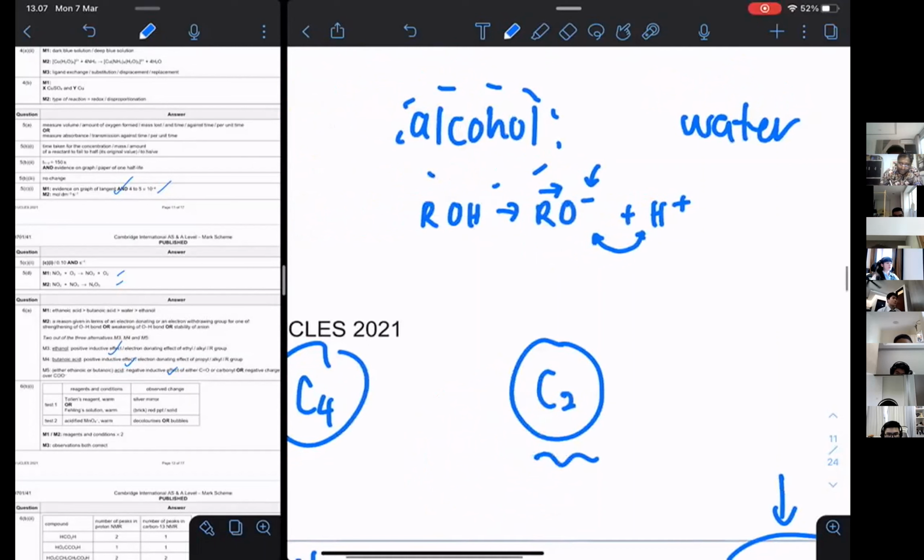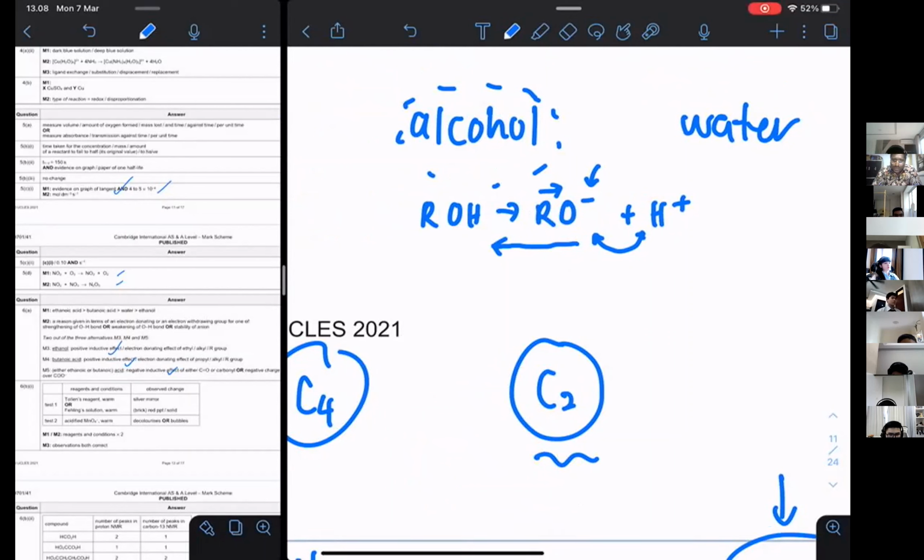So the position is going to be shifted to the left to form the undissociated alcohol. They are not going to give you a lot of H plus. That is the reason why alcohol is going to be a weaker acid than water.